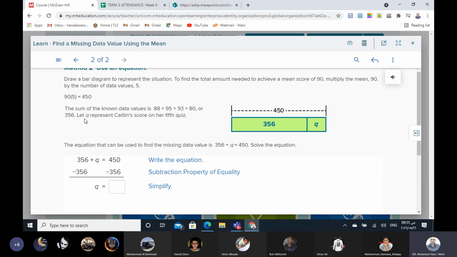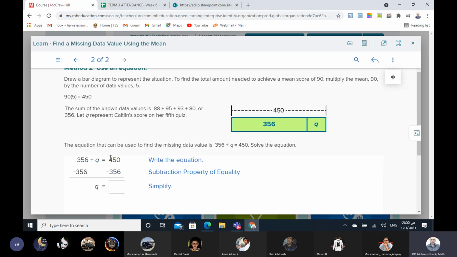Then for the missing value, let Q represent Caitlin's score on her 5th quiz. So the equation that can be used to find the missing data is 356 plus Q equals 450.